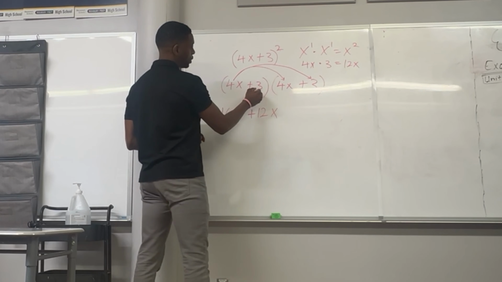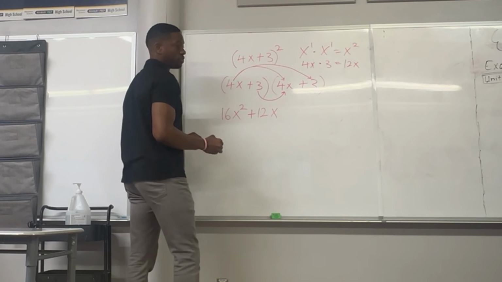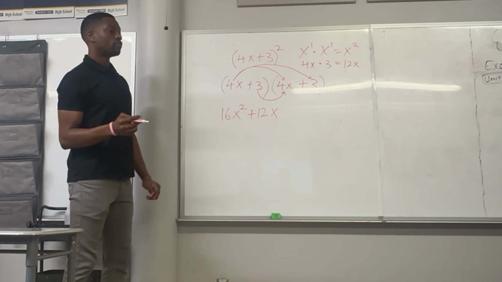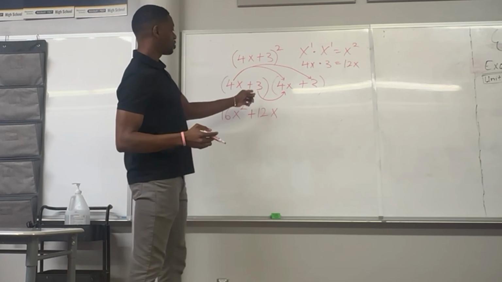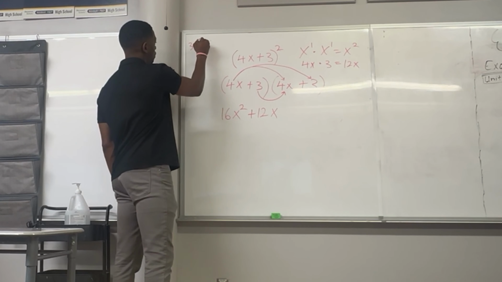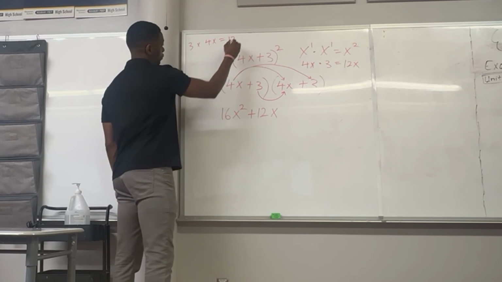We're going to move on to this positive 3 over here. Positive 3 times 4x. What does this give me? This one's for Gregory. Gregory, what is 3 times 4x? 12 what? 12x. Perfect.